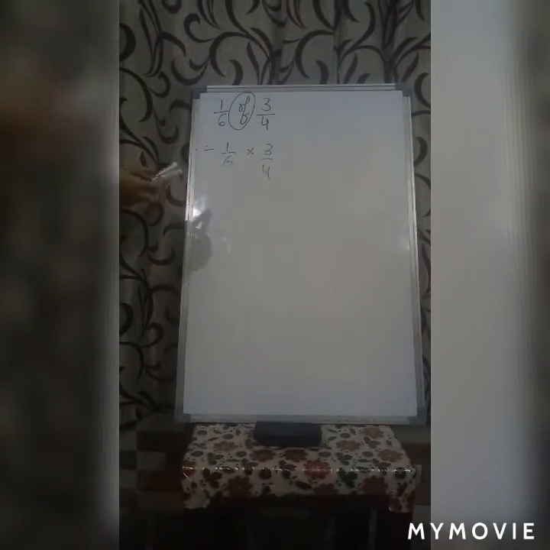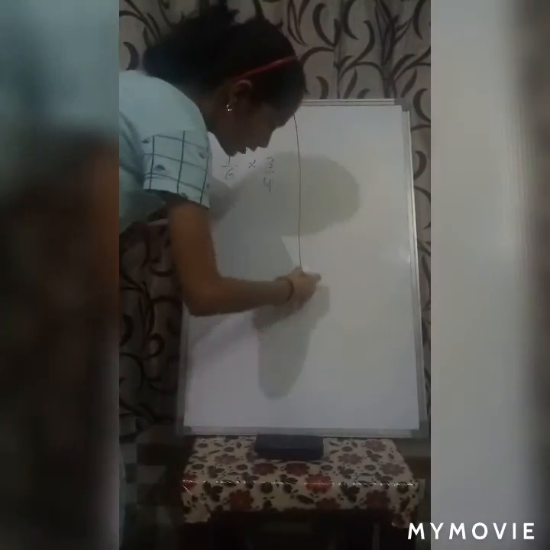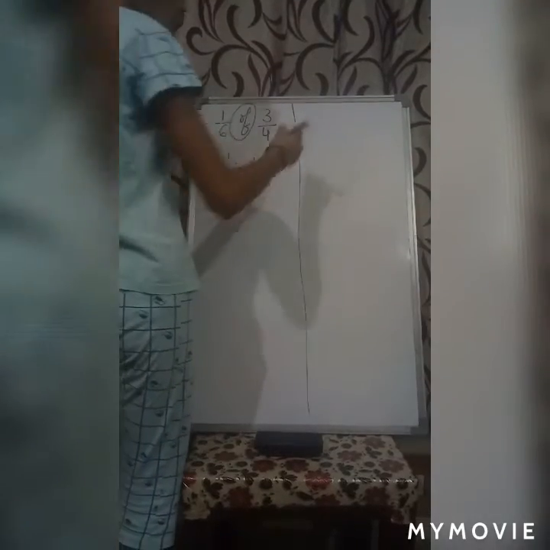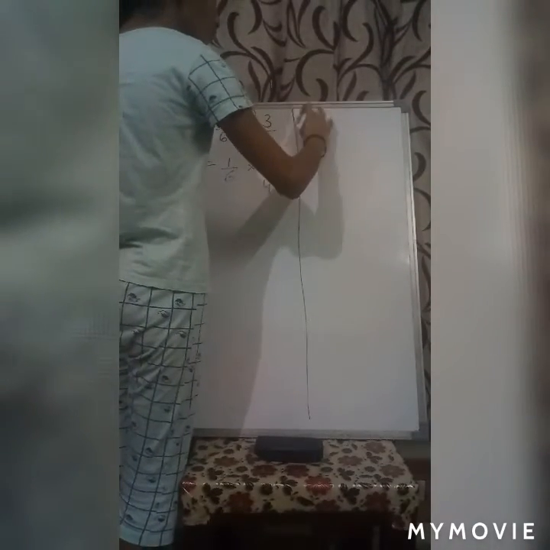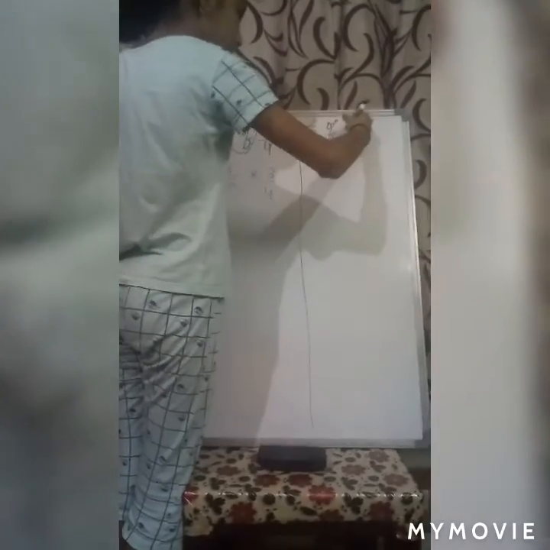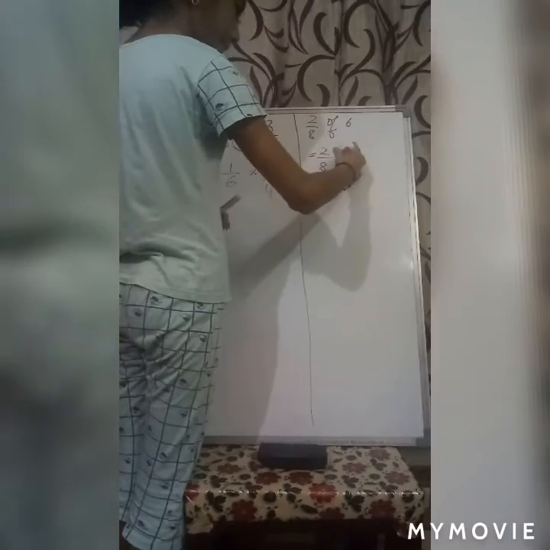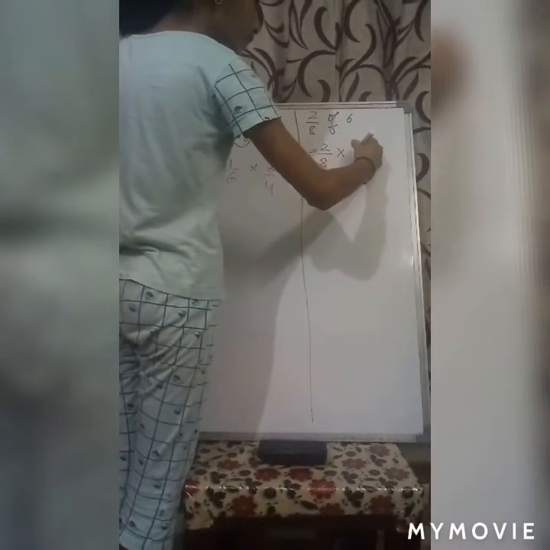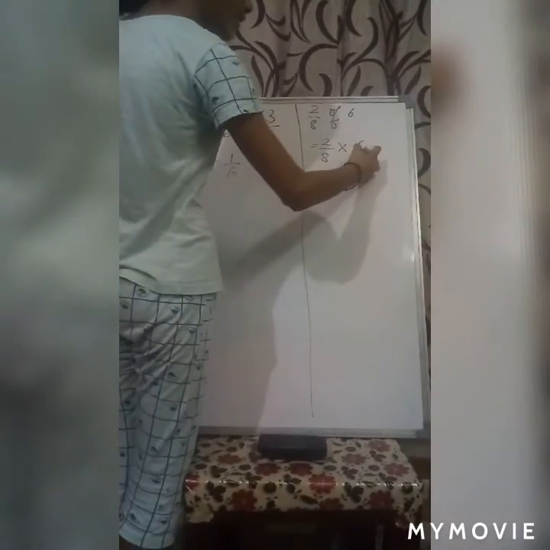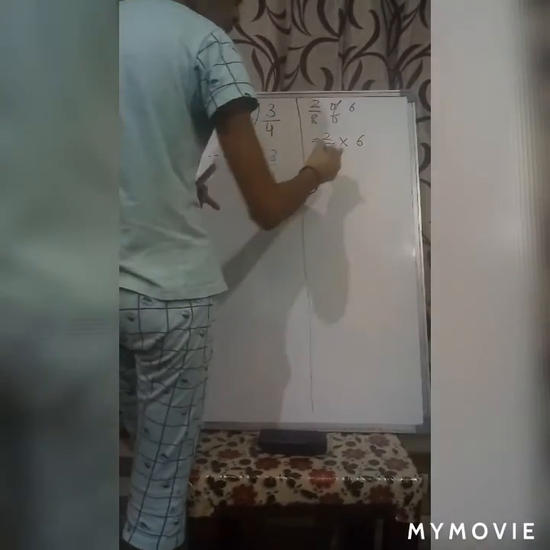Great. Now I would love to give you some questions, but before that let me show you how to solve a question with "of". For example, 2 by 8 of 6. How to do that? 2 by 8 with the multiplication sign, and we can write 6 or also 6 upon 1, but here I am writing 6 only.